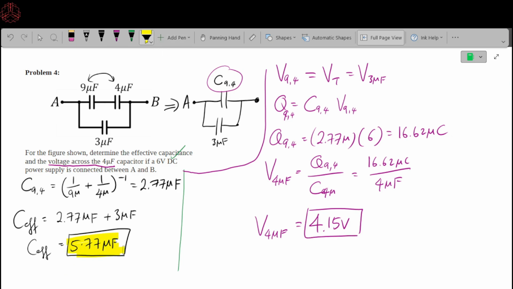All right. Okay, there we go. Those are my two final answers, where I have the effective capacitance to be 5.77 microfarads, and the voltage across the 4 microfarad capacitor to be 4.15 volts.